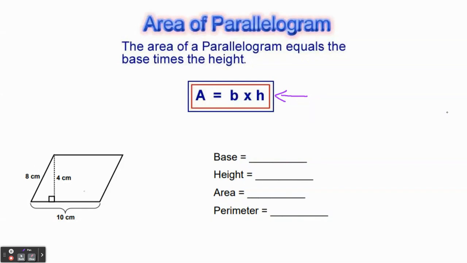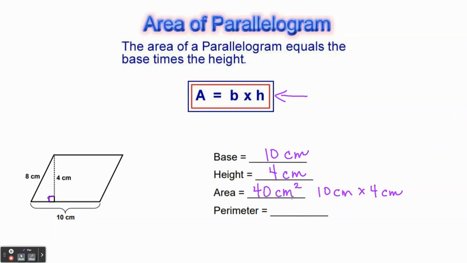So if we look at the parallelogram I have on the left here, the base would be the 10 centimeters. And the height would be the 4 centimeters. I noticed that this is the height because I want you to see that right angle that's formed right there in the corner. So if I do the area, I would do 10 centimeters times my 4 centimeters. And that gives me 40 square centimeters.